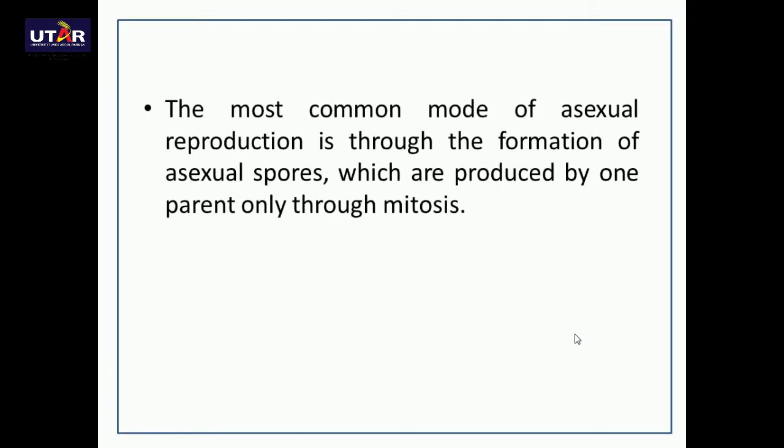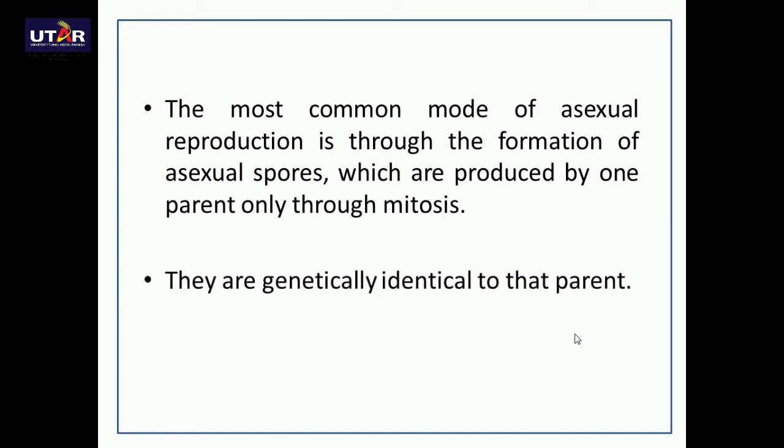The most common mode of asexual reproduction is through the formation of asexual spores, which are produced by one parent only through mitosis. They are genetically identical to that parent.